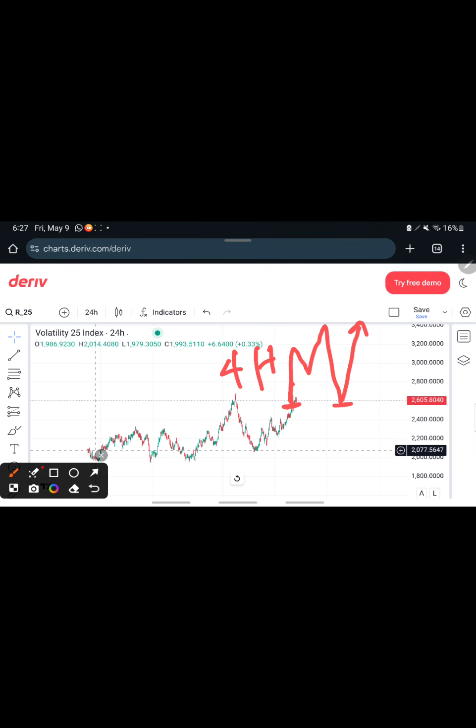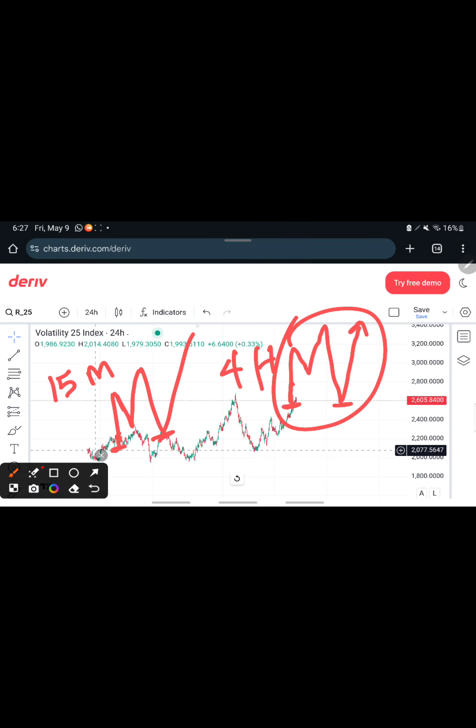What you are going to do is come to the smaller time frame, let's say the 15 minutes time frame, and find a trade opportunity that gives you this same pattern. You are going to find something that has broken structure on a 15 minutes time frame, come to form what? A double bottom, and then boom, that is where you are going to find your perfect entry.